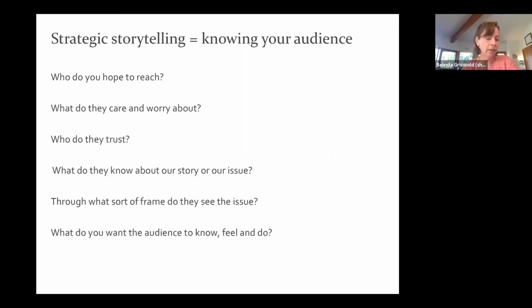The frame question is definitely worth a day-long training unto itself, and we could go deep there, but we won't right now. And the frame is about the set of narrative structures that encompass an issue. For example, for a lot of moderate to right and conservative audiences, the frame of burdensome regulations is an incredibly powerful set of narrative structures that hold any conversation about clean water protections.